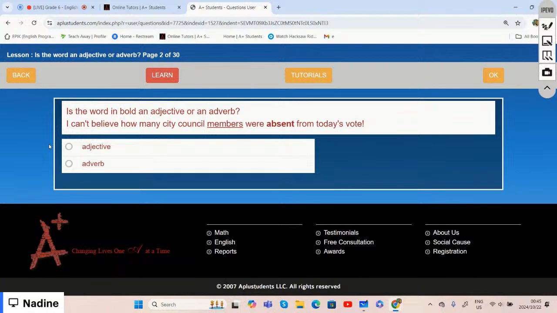Is this an adjective, absent, or is it an adverb? Which one is correct? Option one is an adjective that describes the members, or option two, an adverb which describes the members.